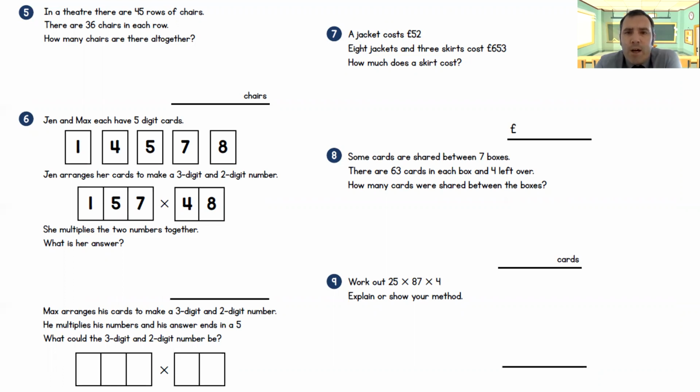There are 63 cards in each box and 4 left over. How many cards were shared between the boxes? Number 9. Work out 25 times 87 times 4. Can you explain or show your method? Pause the video here to complete this work.